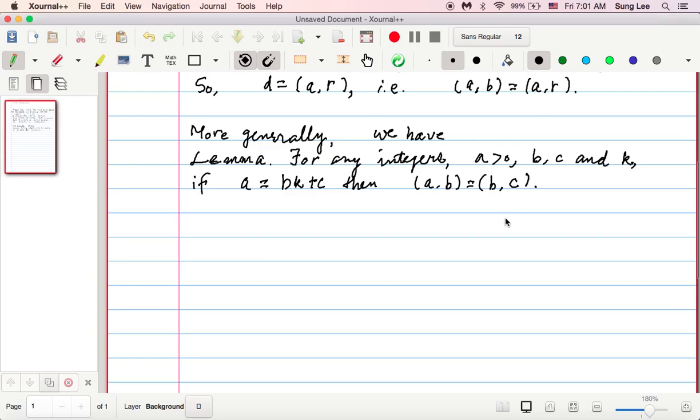So you can immediately see by comparison the similarity between the previous statement and this one here. Okay, so let's prove this.